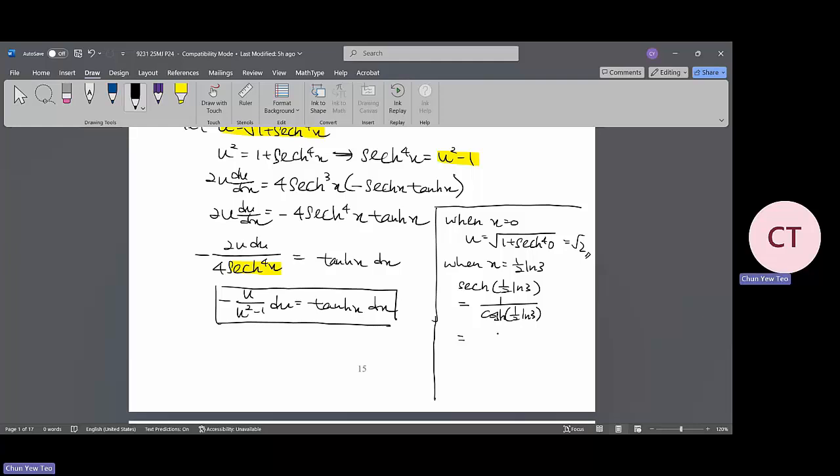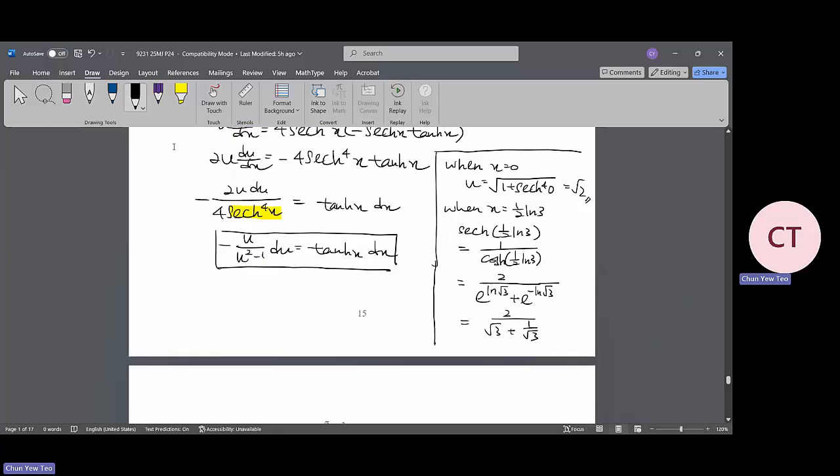It will be 2 over e to the power of ln 3 plus e to the power of negative ln 3. So this will be 2 over 3 plus 1 over 3. Then you combine them together.